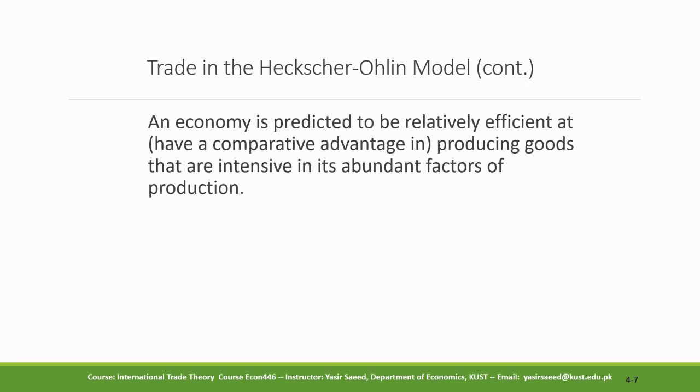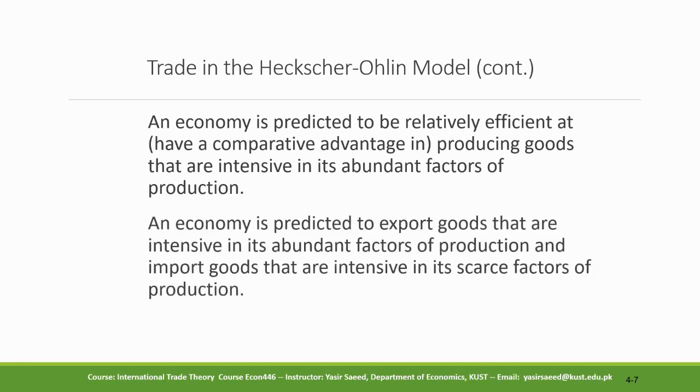If it has more labor, then it will be producing labor-intensive goods. But if it has more land, it will produce land-intensive goods. In similar fashion, if it has more capital, it will be producing more capital-intensive goods. So with the help of the Heckscher-Ohlin model, we can predict what type of goods will be produced in that economy.